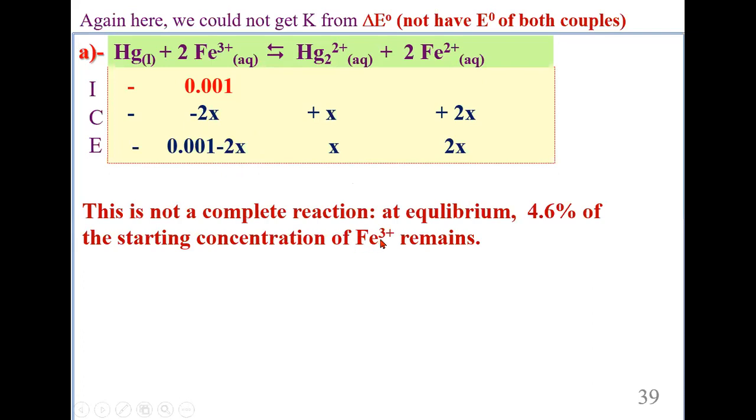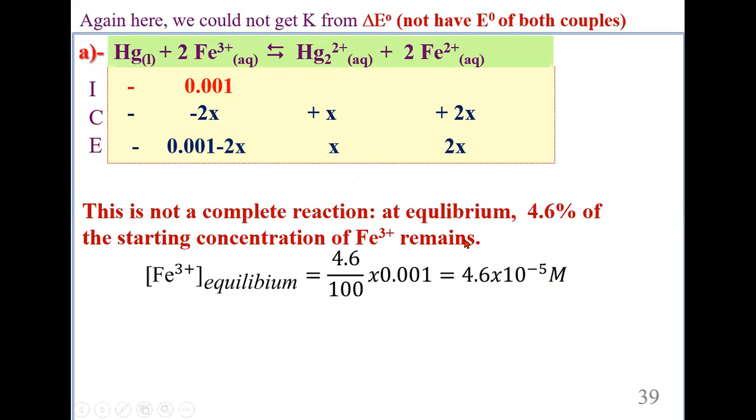What they did give you is that 46% of the starting concentration of iron remains. So indirectly, if I have 46% out of 100 of the starting concentration, which is 0.01, then that's 4.6 times 10 to the minus 5 molar remaining for the iron.